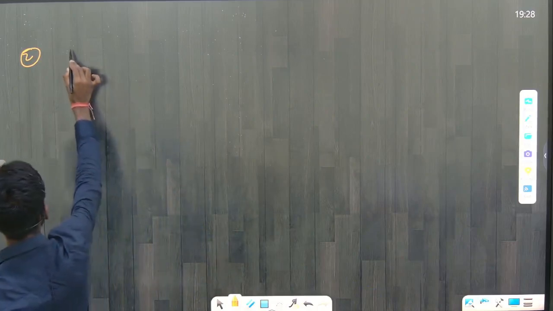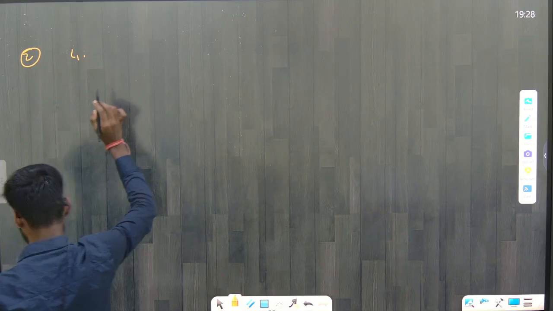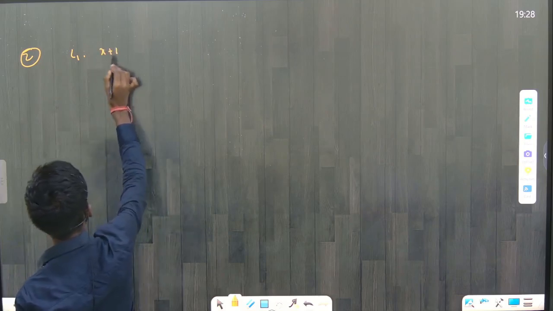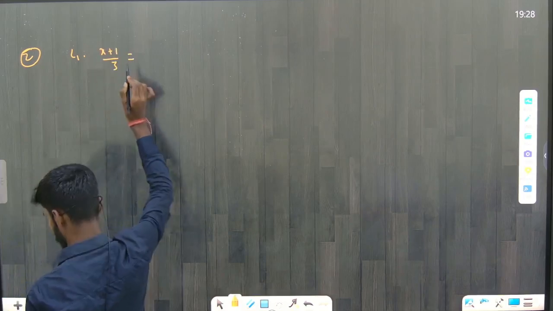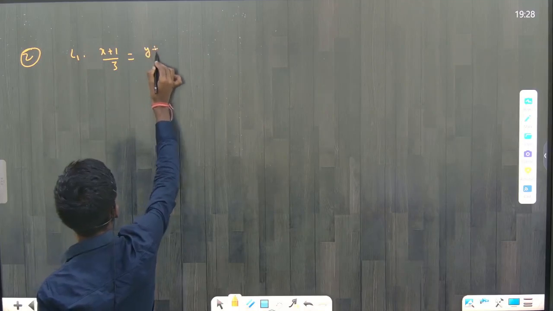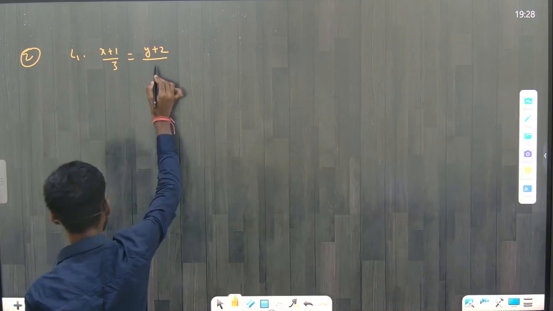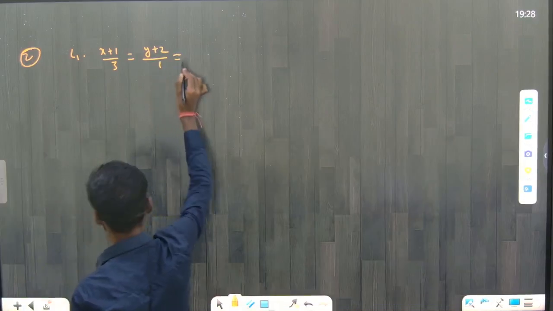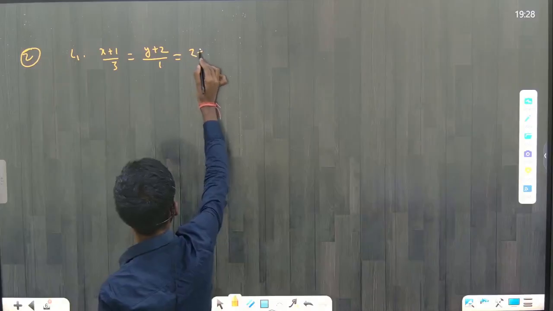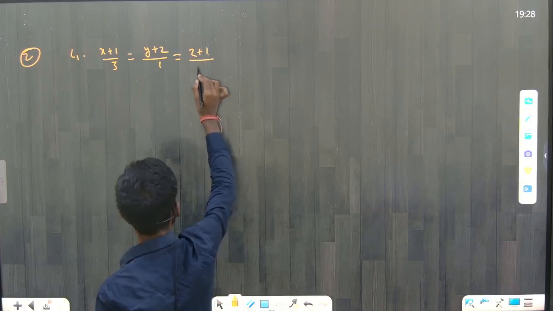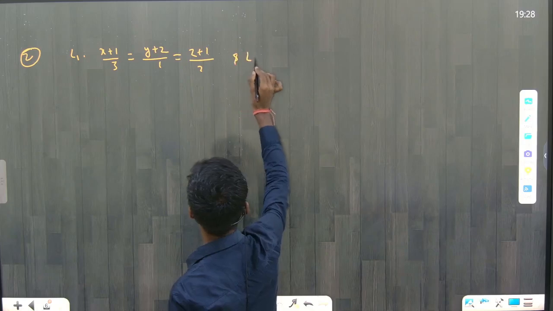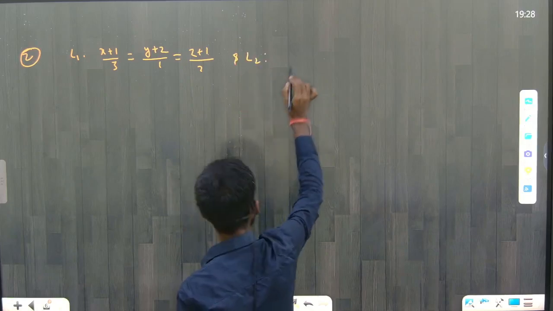Here line L1 is what? X plus 1 by 3, Y plus 2 by 1 is equal to Z plus 1 by 2, and line L2 is what?